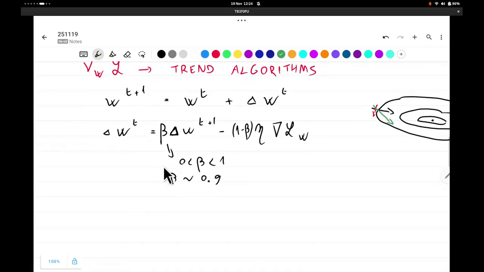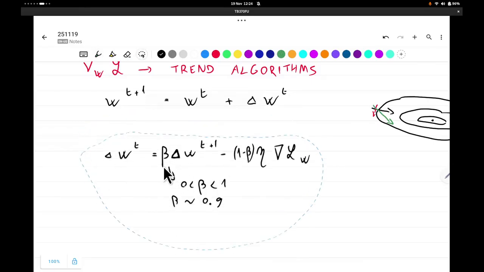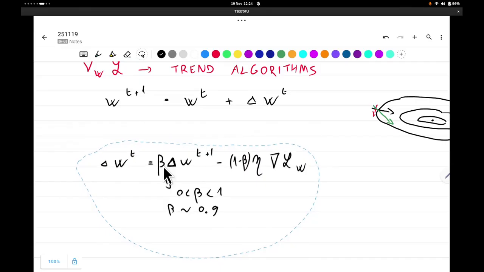This is the so-called momentum algorithm within the class of trend algorithms.